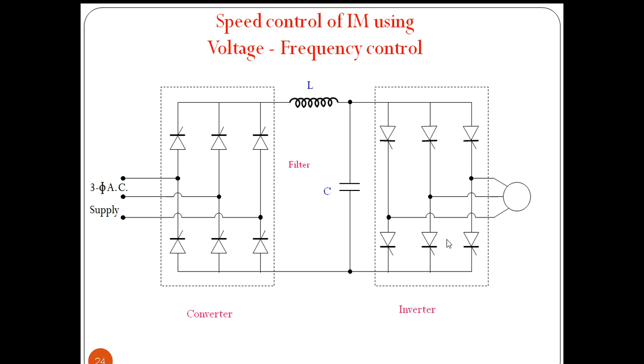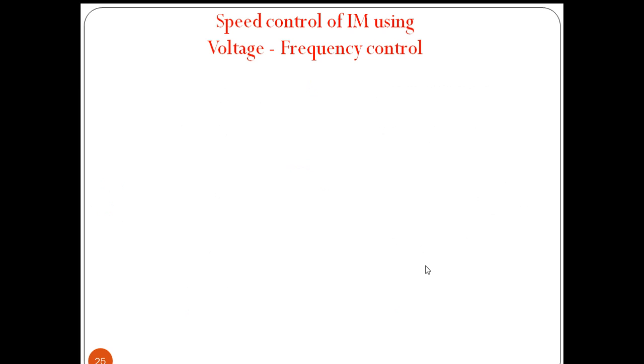That AC, of the required voltage having some constant frequency, will be supplied to the three-phase induction motor. Accordingly, the motor speed will be controlled by using the converter inverter assembly.